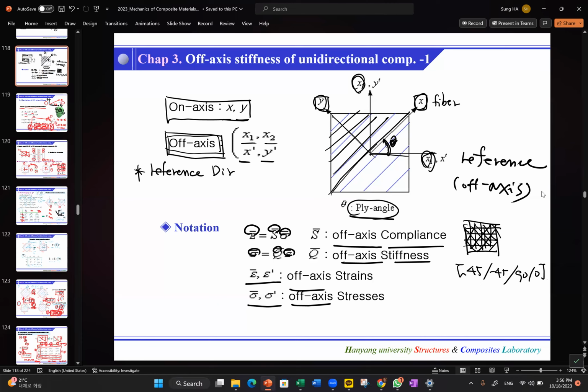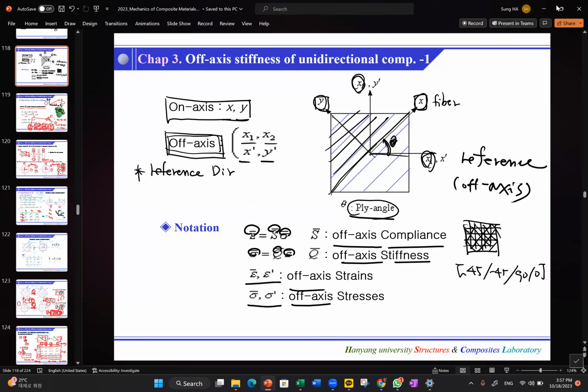Now, in here, each ply can be a fiber reinforced composite, but each ply can represent not just the composite, but also an isotropic plate, an isotropic ply, like steel or aluminum.